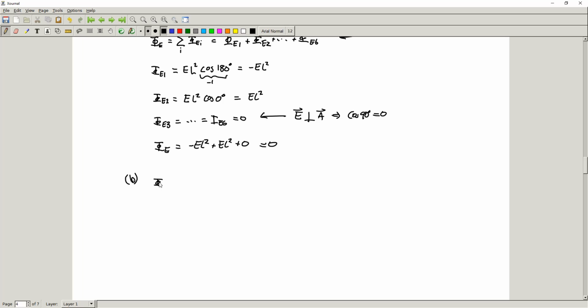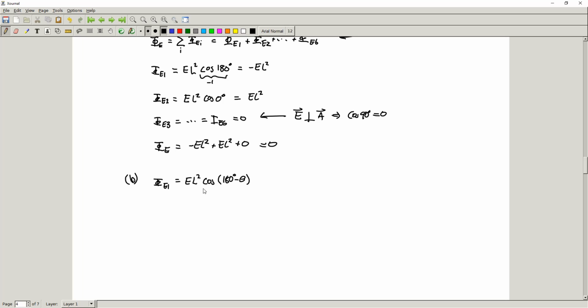So we're going to have the electric flux through our first surface is going to be equal to EL squared, and now we're taking the cosine of 180 minus theta. If that isn't clear, take a look at the diagram above and think about that a little bit. It's going to end up being 180 minus theta because of the way that we rotated things.